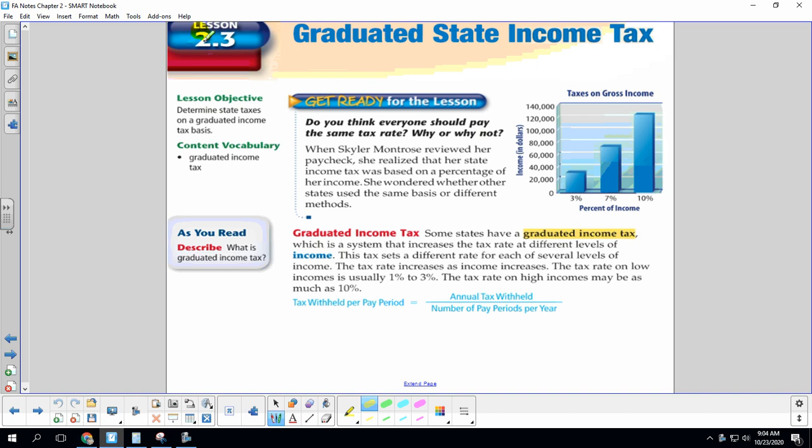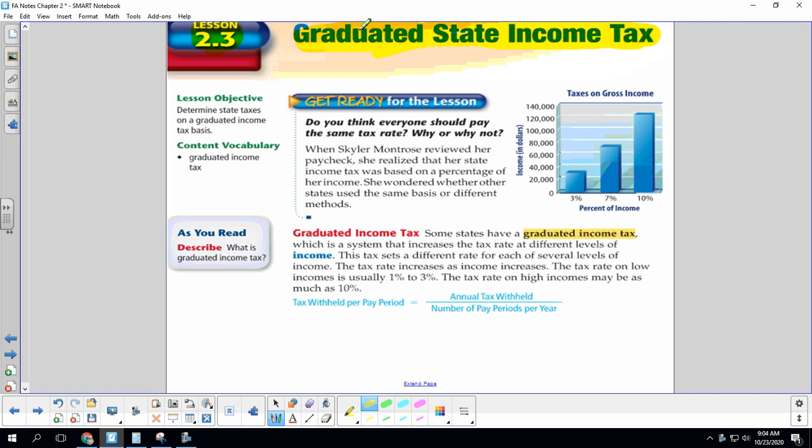In our last session in 2.3, we talked about state income tax, but on a percent base. It's a flat tax. But in this scenario, I happen to live in California and they have a graduated state income tax, so this is really relevant to me.